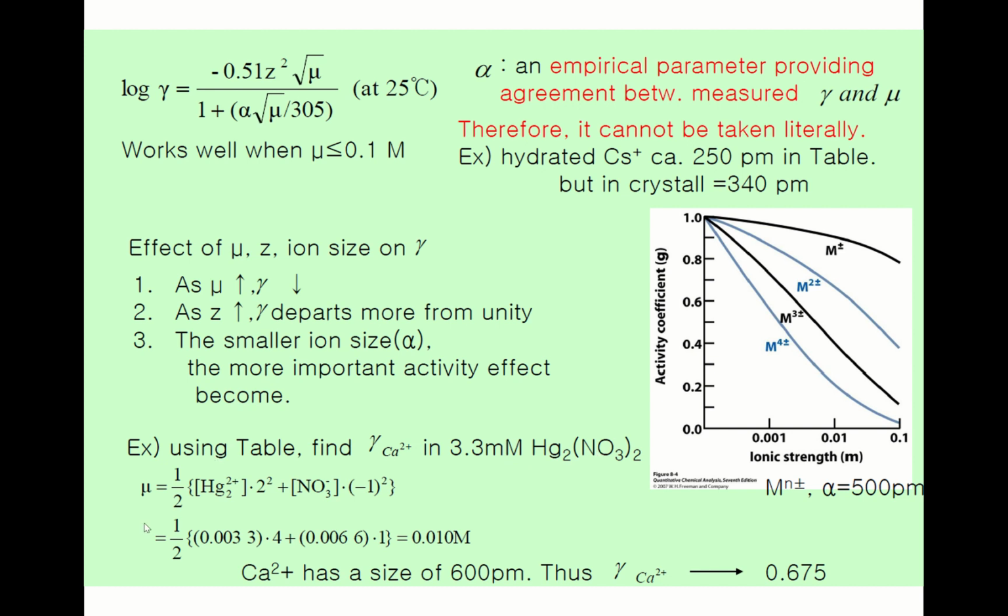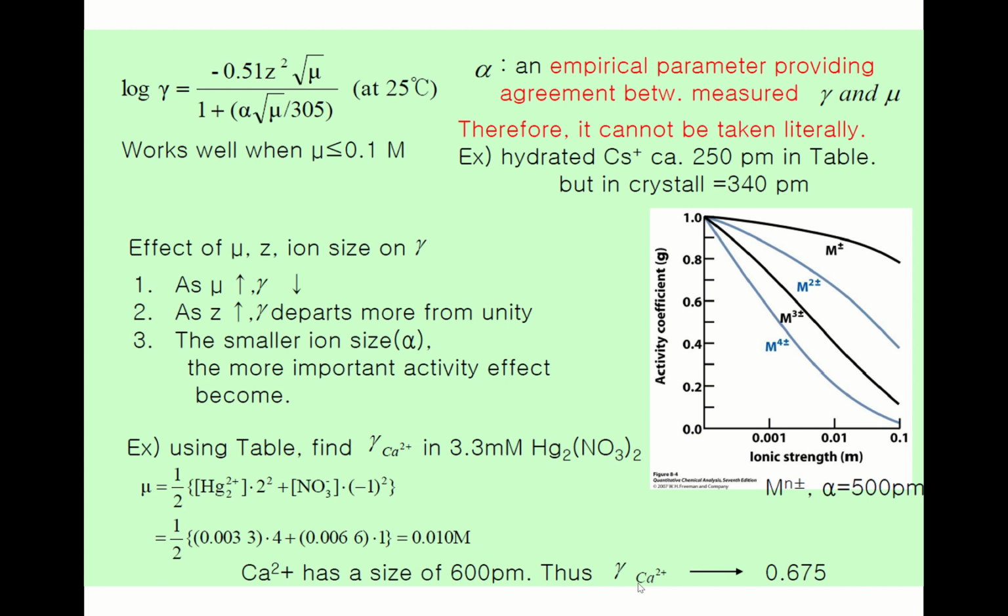By definition, the ionic strength is 1/2 multiplied by the mercurous ion concentration times 2 squared, because it has a plus 2 charge, plus the nitrate concentration times -1 squared. After calculation, the ionic strength is 0.01 molar. The question is made this way on purpose.